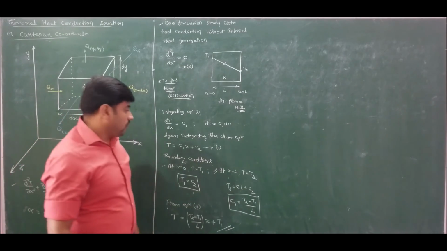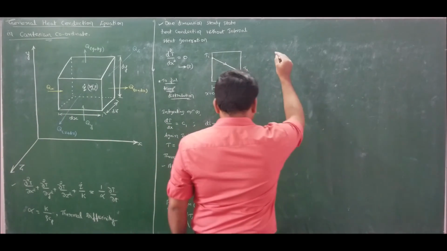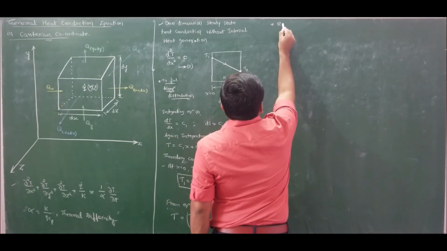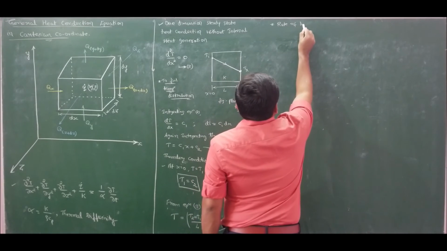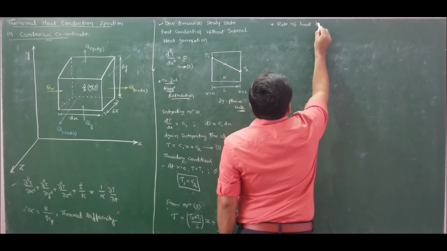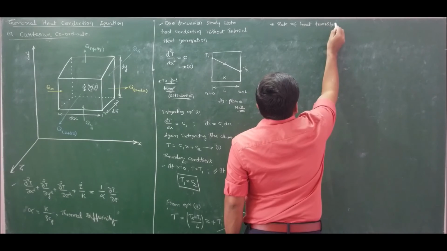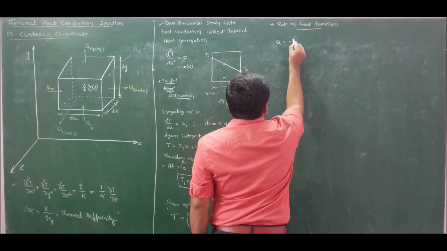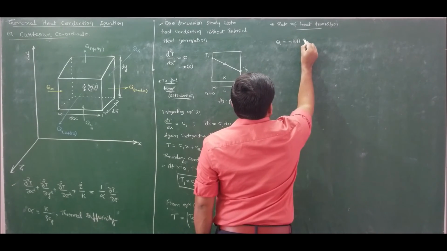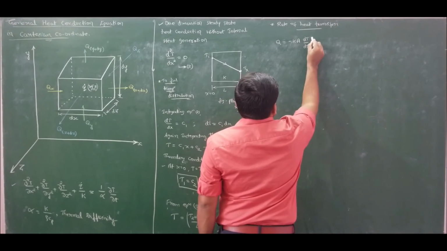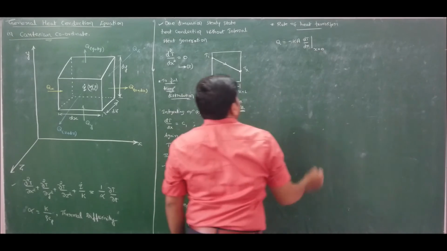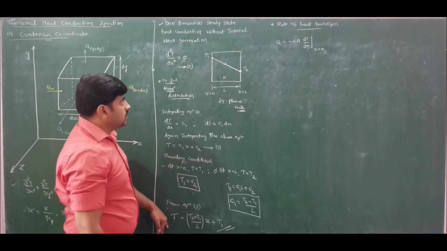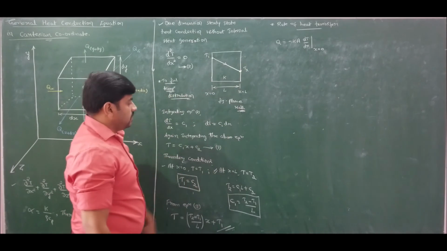Now moving forward to find the rate of heat transfer. Coming to the rate of heat transfer, we know that Q is equal to minus K A dT by dx. I should evaluate it at x is equal to 0. Now we know the temperature distribution equation, so substitute the temperature distribution and solve.